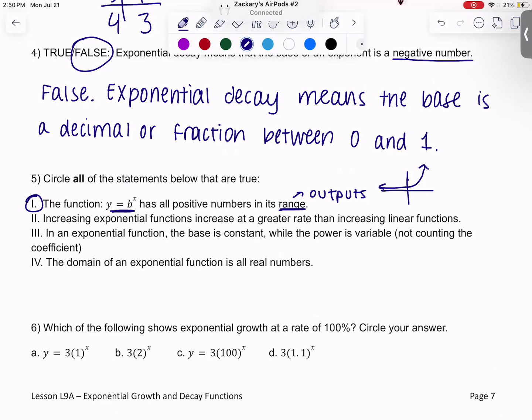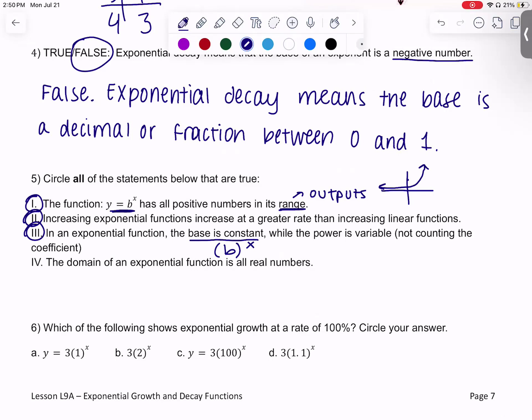Increasing exponential functions increase at a greater rate than increasing linear functions. Yes, exponential always increases faster than linear. That's what exponential means. And number 3, in an exponential function, the base is constant. Yes, the b value stays the same, and the power, or the exponent, is the variable.